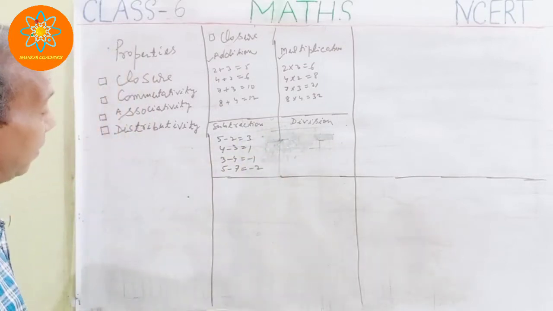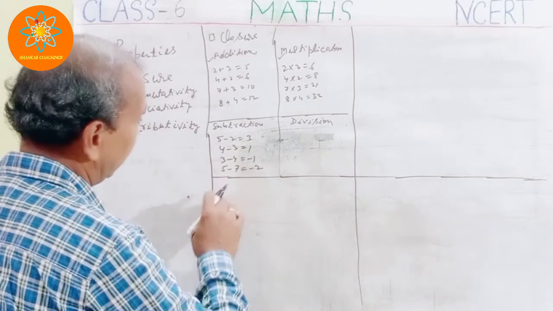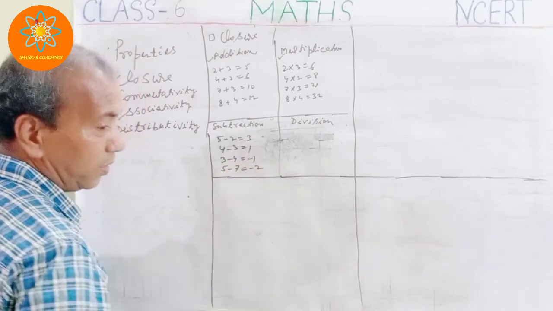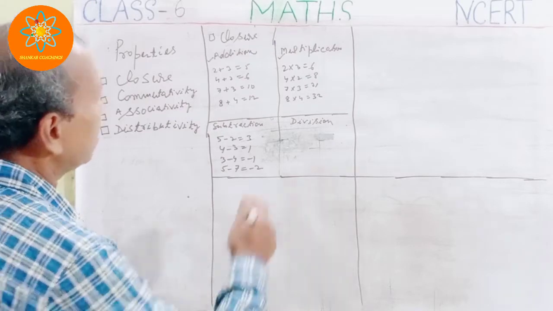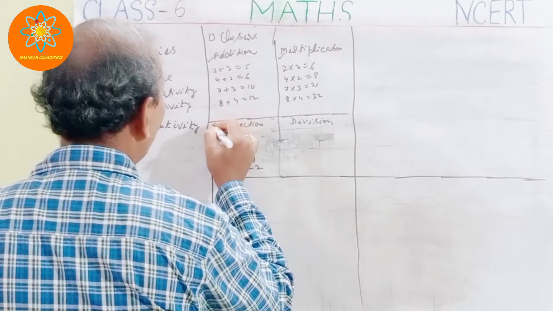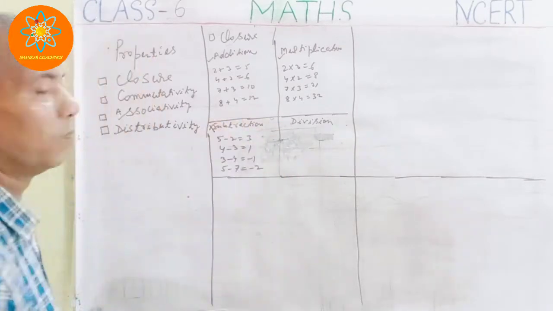In your earlier class, you will study about minus 1; these are called integers. So for subtraction, the closure property is not true.